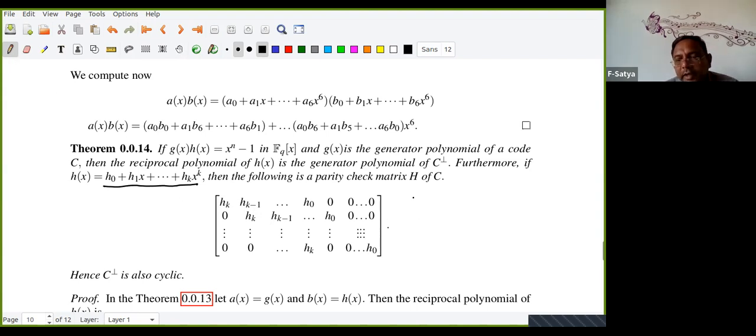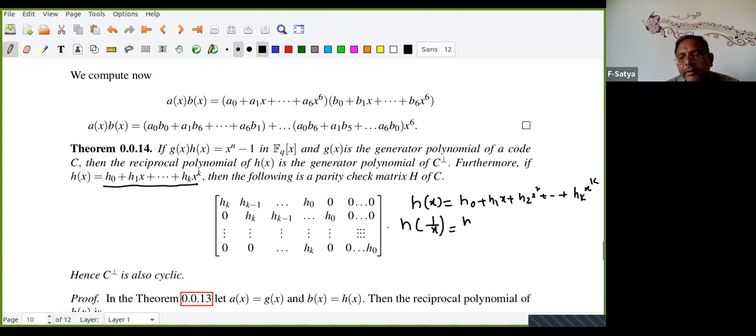For that, I'll tell you one thing. For example, say h of x equals h0 plus h1x plus h2x square and so on, plus hk x power k. Can somebody help me: what is h of 1 by x?